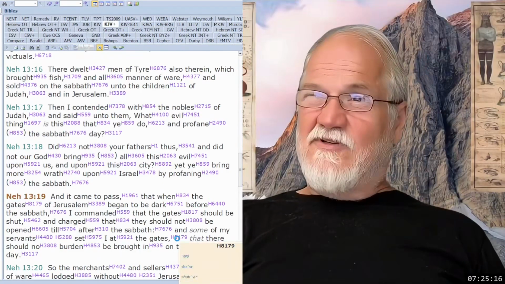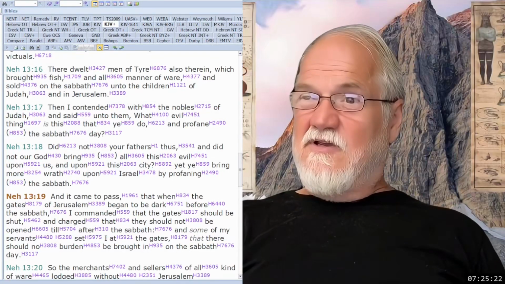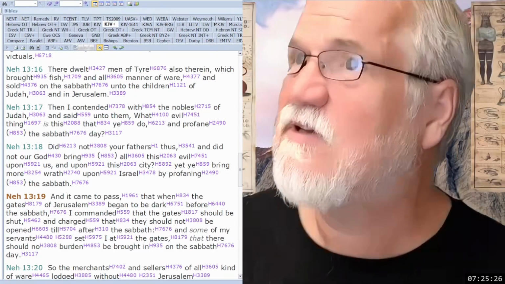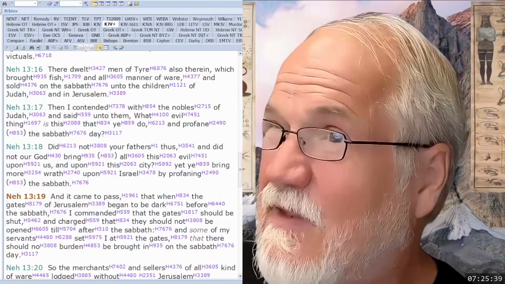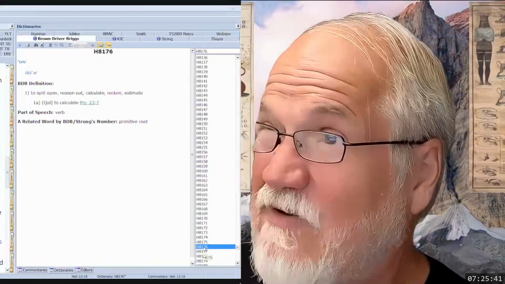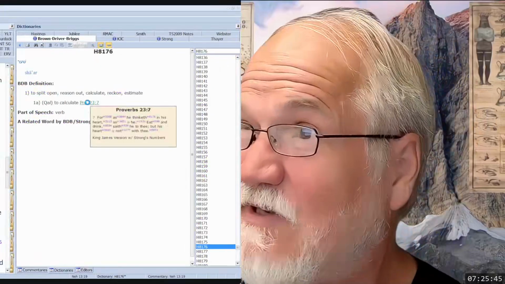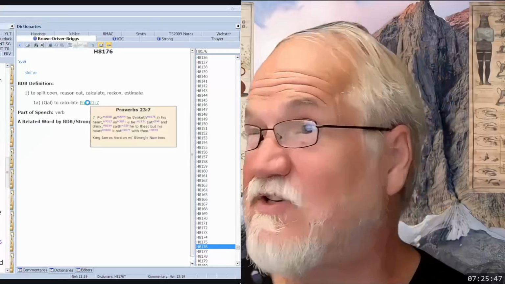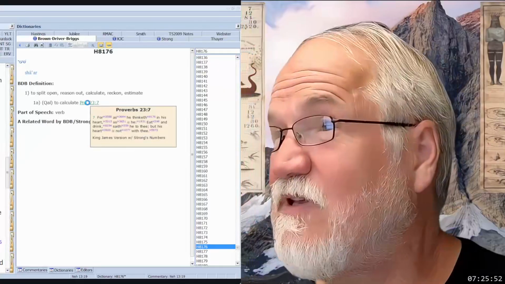We looked at that word because there are different words for gates. But this here, 8176, wait for it. Right, that's to split open, reason, calculate, reckon, estimate. And it's for he that thinketh in his heart, so is he. Eat and drink, saith he, but his heart is not with thee.